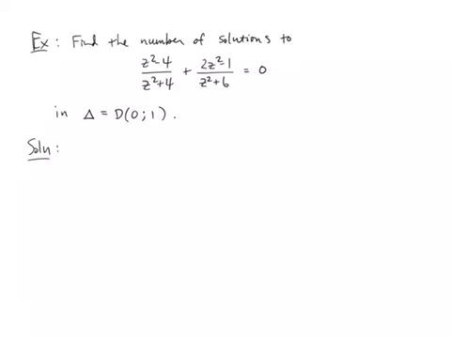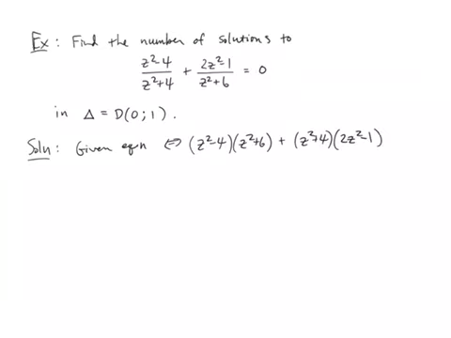The given equation is equivalent to z squared minus 4 times z squared plus 6 plus z squared plus 4 times 2z squared minus 1, and that is equal to 0. So what we want to know about is the dog. This is our full thing. This is the dog.